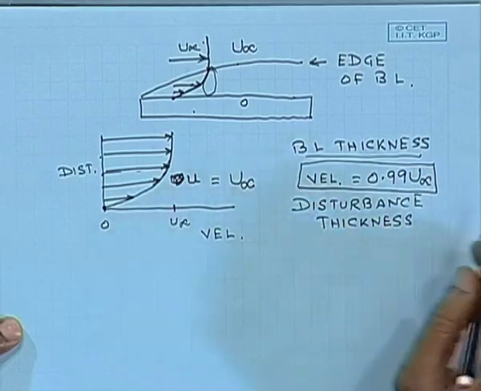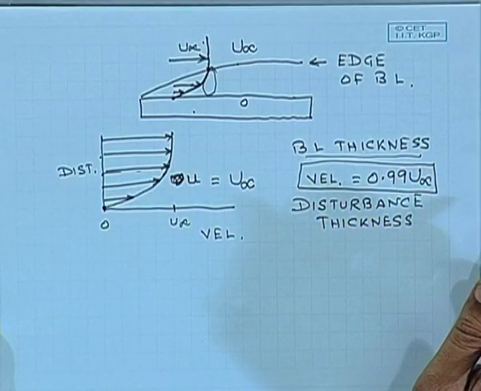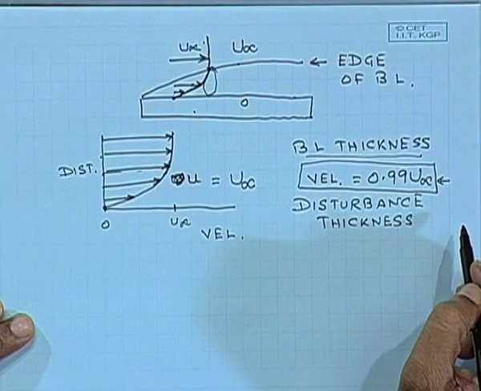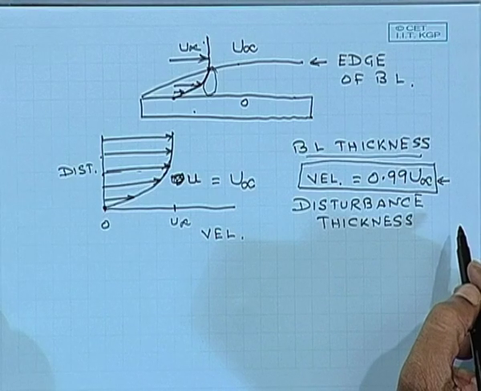Now, if you are an experimentalist, if you have knowledge about conducting experiments in a flow field, you will immediately object to this definition due to the error associated with the approach. Because as I said, who is to decide where the fluid has reached 99%? You conduct an experiment, you get, let us say, 3 millimeter as the value at which velocity is 0.99 u infinity.